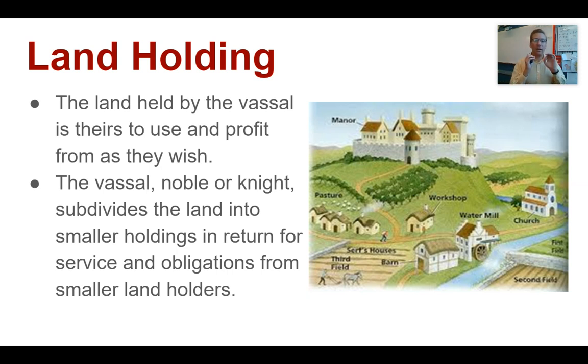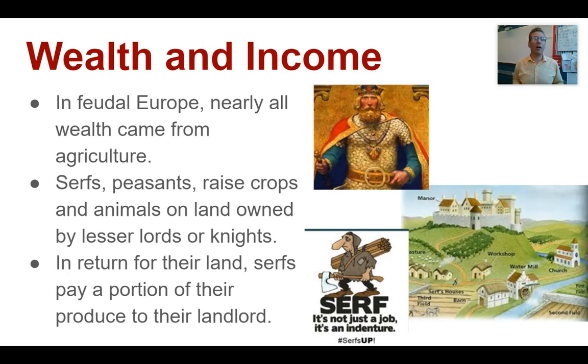And they lease out these lands in return for service and obligation from smaller landholders. So I might hold some land from the king and then break it up into 6 or 7 pieces and have vassals of my own. So they are vassals to me. I am a vassal of the king. And that is the feudal hierarchy.